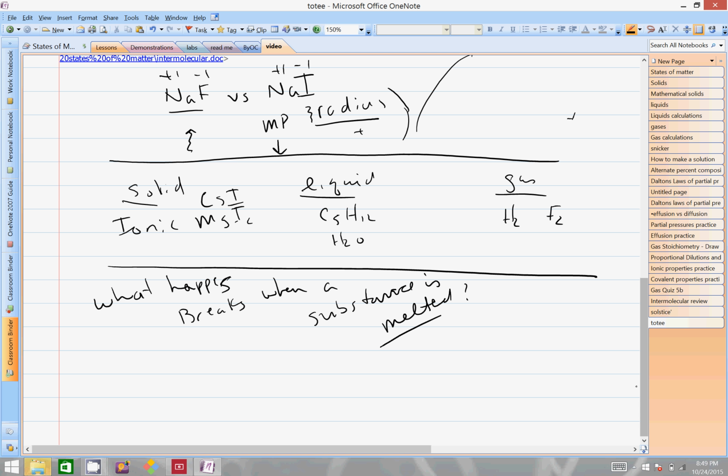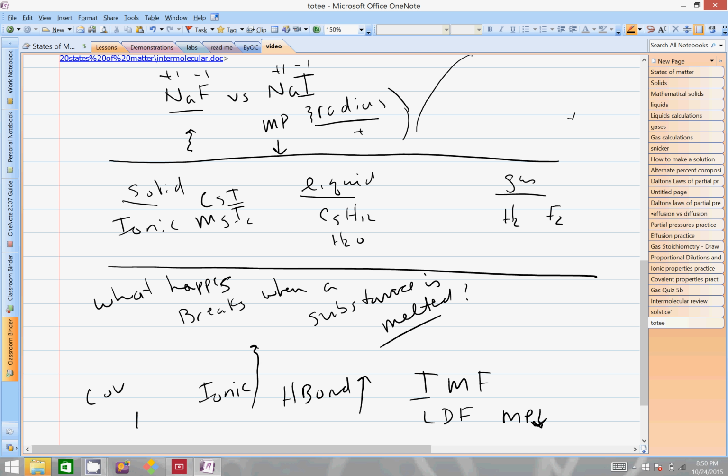So if you're breaking a very weak intermolecular force like London dispersion forces, then the melting point is going to be relatively low, very little energy needed. If you're breaking a hydrogen bond, then it's going to start increasing a little bit. If you have to break an ionic bond, then you're going to see a pretty big jump. And if the bond you're breaking is covalent, then it's going to really shoot through the roof.